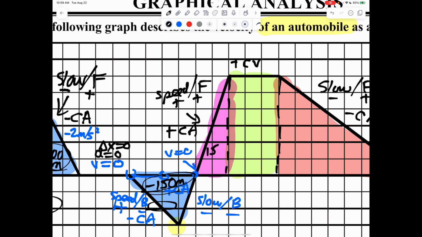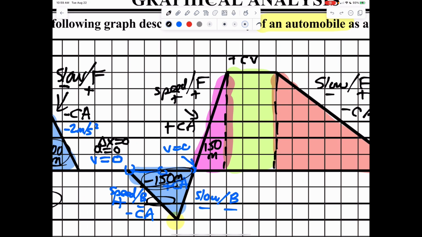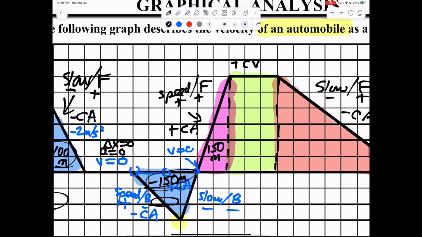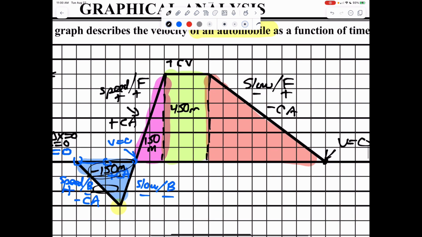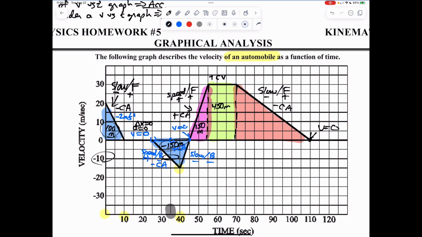Take half. We're looking at positive 150 for that 10-second interval. For this section here, we're looking at a base of 15 times a height of 30. 15 times 30 is 450 meters there. And then finally, the last one, we have a base of 10, 20, 30, 40, height of 30. Well, 30 times 40 is 1,200. Take half of that. That would be 600 meters.